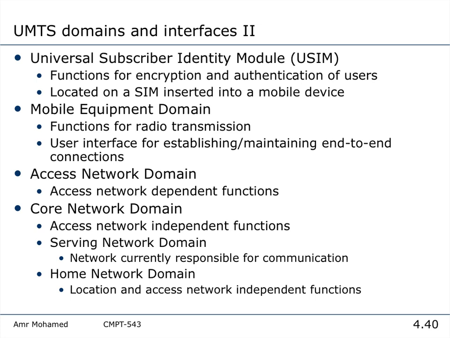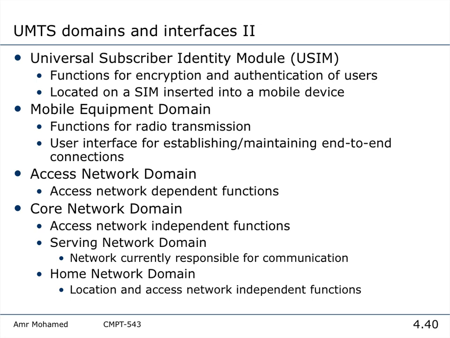So these are what we have described in detail. We have the USIM, which provides the function for encryption and authentication of the users, located on the SIM card, which is inserted in the mobile device. And then there is the mobile equipment domain, which is the main phone, the hardware of the phone, which provides the functions for radio, as well as the user interface for establishing and maintaining end-to-end connections.